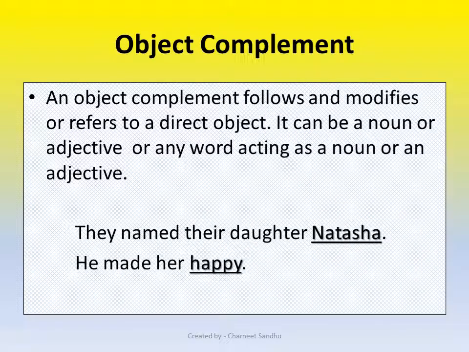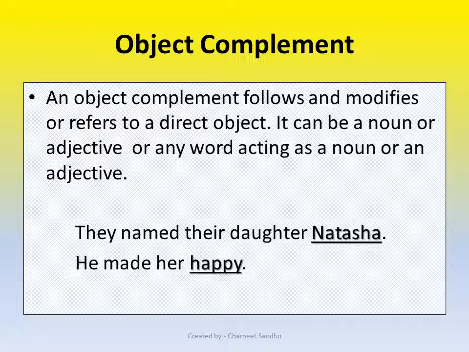Object complement. An object complement follows and modifies or refers to a direct object. It can be a noun or adjective or any word acting as a noun or an adjective. Let us look at these examples. They named their daughter Natasha.